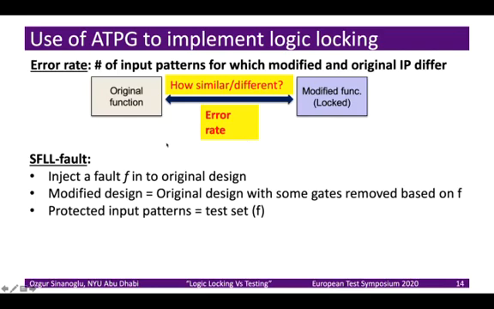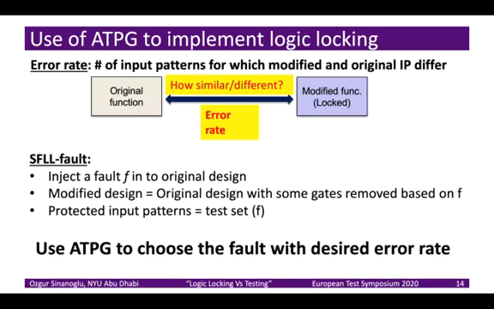The patterns in which the original function and the modified function produce different outputs, by definition, are the test patterns of the fault that we injected into the original function, as the testing community knows quite well. So then we can consult with an ATPG tool to tell us what fault to introduce into the original function, because the fault that we inject will determine the error rate, and we want the type of error rate that we'd like to get, because we want certain resilience against all attacks. So we can choose the fault accordingly, and we can consult with the ATPG tool.